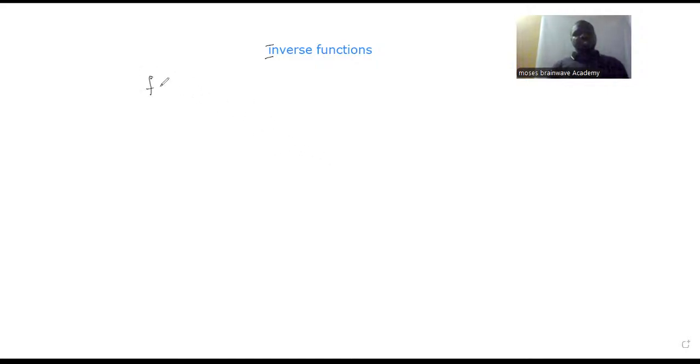Remember, our function is always in terms of x, and I told you before that this is actually our y, so we have the dependent variable and the independent variable. The function is always given in terms of x, for instance, 2x plus 1, and then we say this is our f of x.